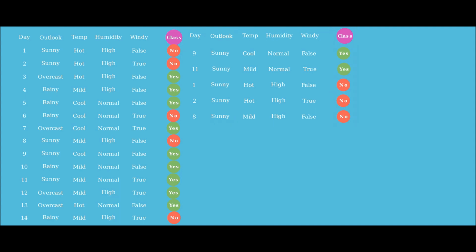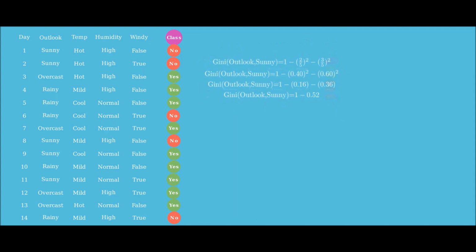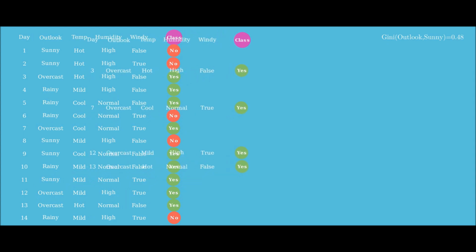So you can see that Gini outlook value sunny is 0.48. Now Gini index for outlook feature value overcast will be calculated.